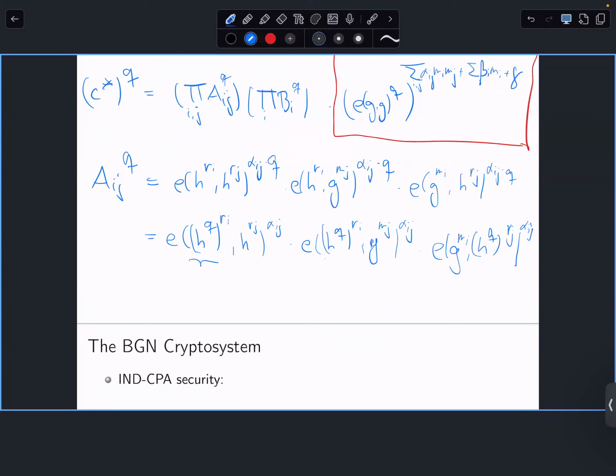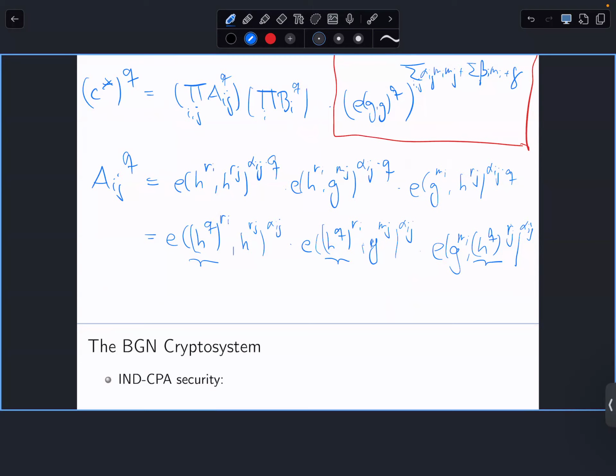So these guys, what do we know about them? H to the Q. We said H is G to the P times something. So H sits in the subgroup of order Q. Anyone in the audience?